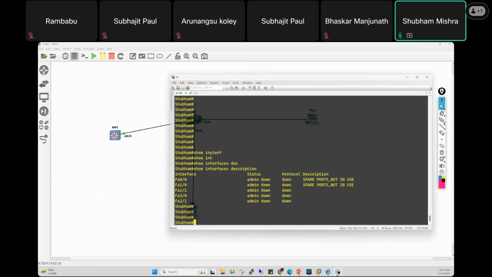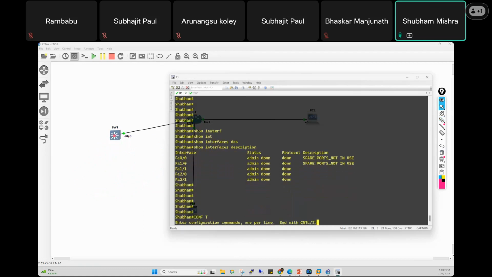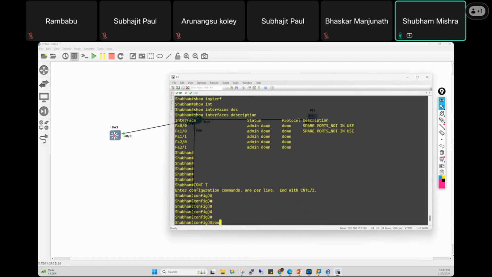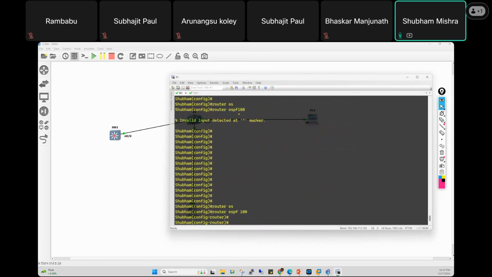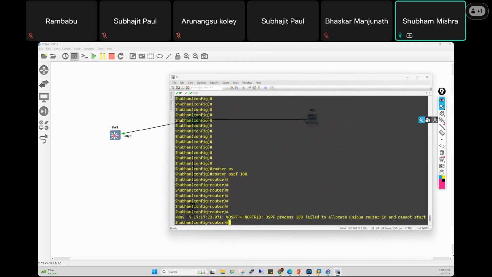For example, we are on the router. I'm writing here router OSPF 100. See, what is this mode? This is called router configuration mode.